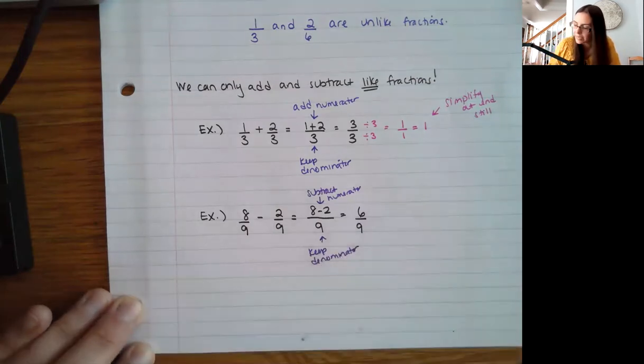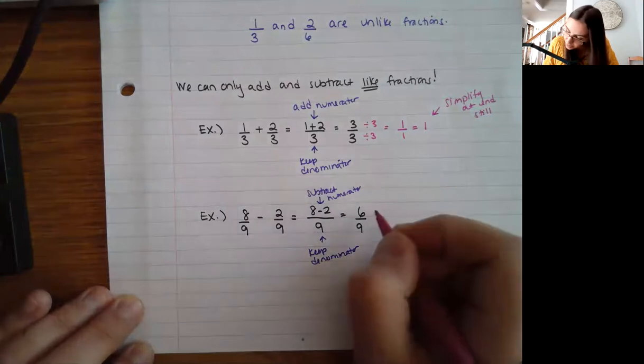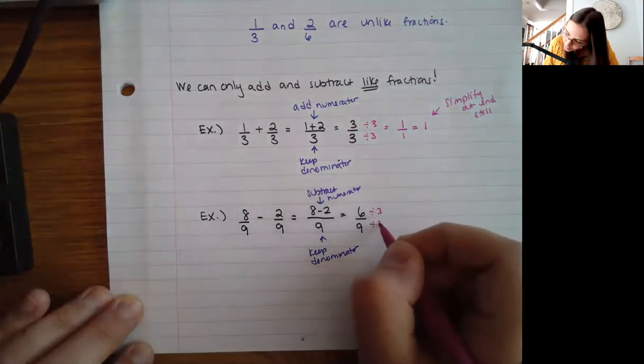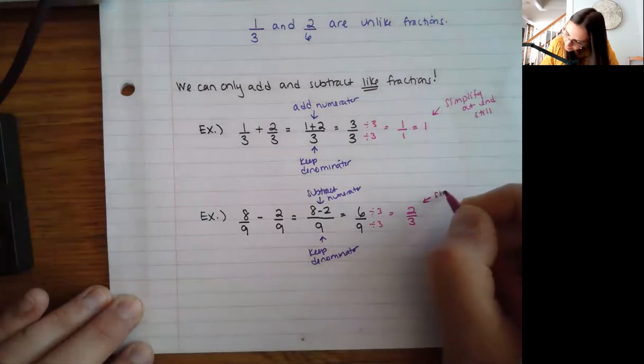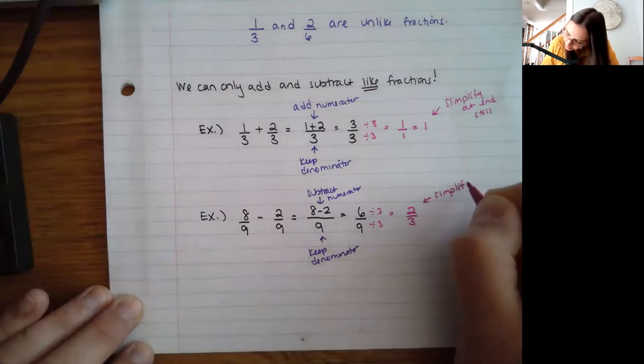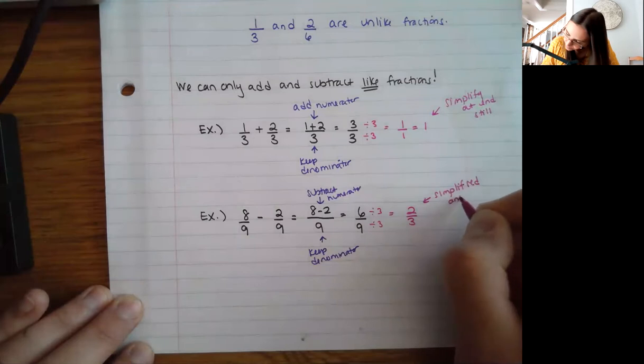And now we do have to simplify. So I can divide these both by actually 3 again here, and I have 2/3. Okay, so we still need to make sure our answer is simplified in the end.